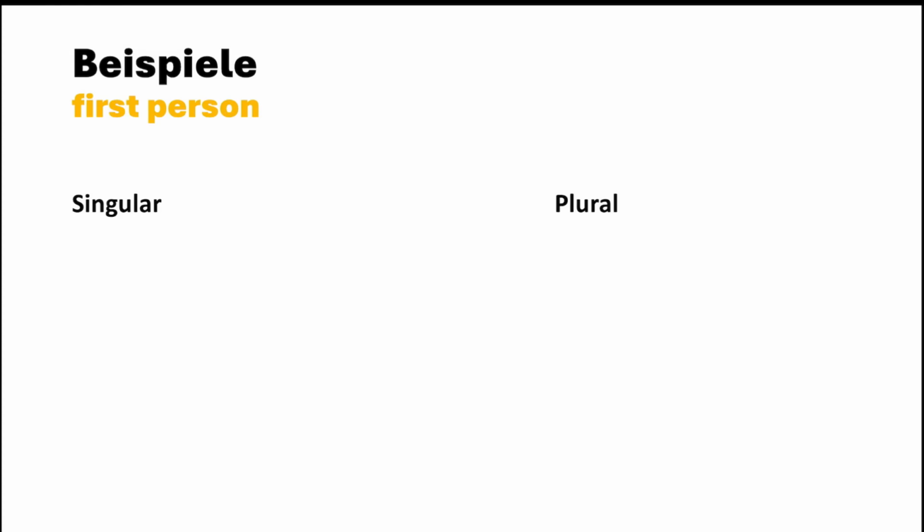Examples for the first person. So you are speaking about yourself. These can be the pronouns ich in singular case, because ich, I, am a singular person, or wir, which would be the plural case, because we are multiple people, but you're still talking about yourself in the first person.